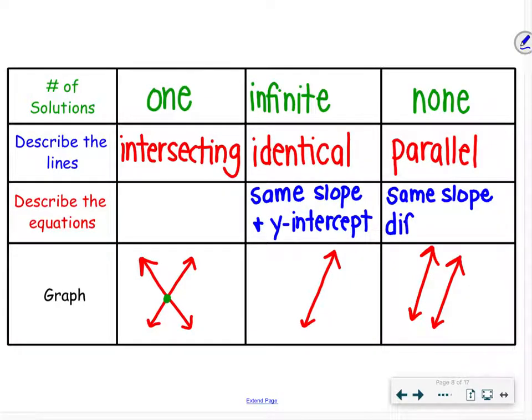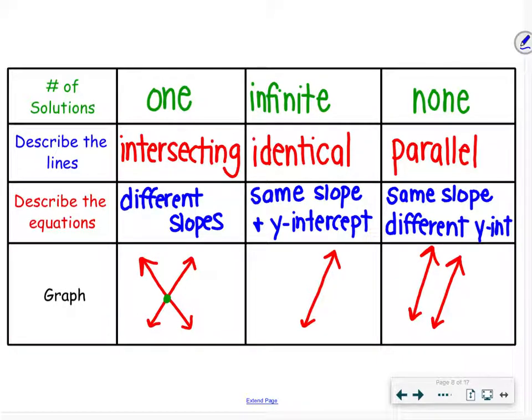So we'll say different y-intercepts. And then lines that intersect have different slopes because they're going opposite directions. Their y-intercepts could be the same or different.